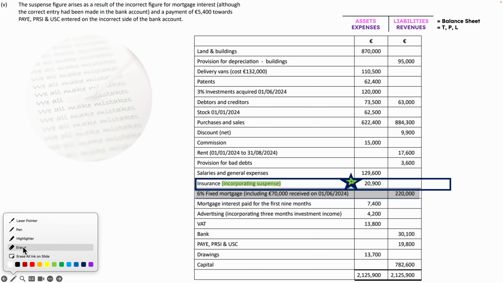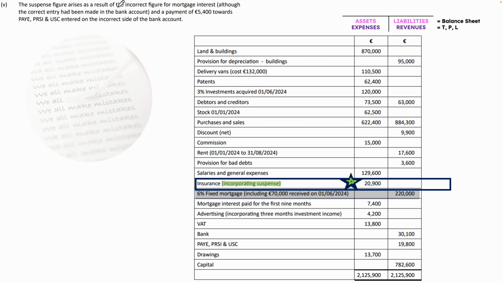So the first thing here is as a result of the incorrect figure for mortgage interest, although the correct entry had been made in the bank account. So mortgage interest, first of all, we can see here that we have 6% fixed mortgage, including 70,000 received on the 1st of the 6th, 2024. So we saw that earlier on when we were working out the mortgage interest for the year.